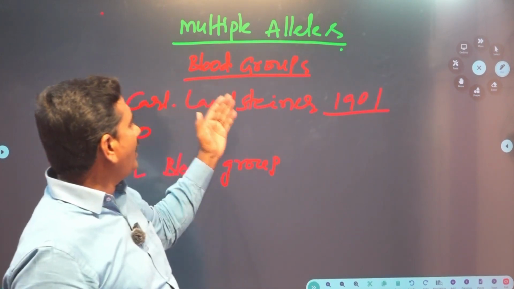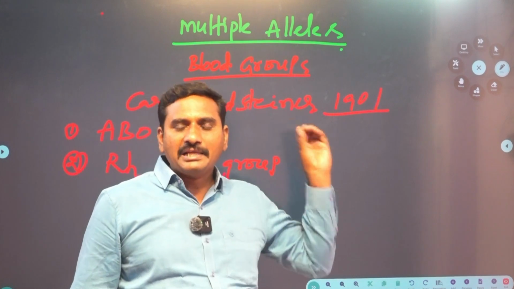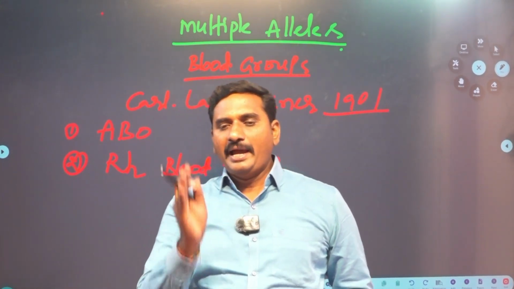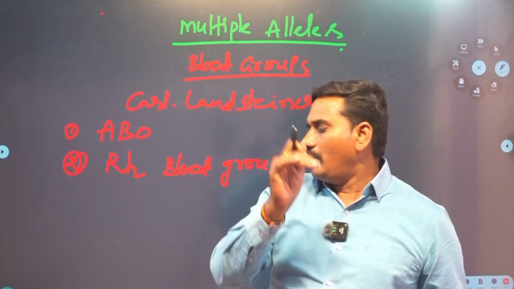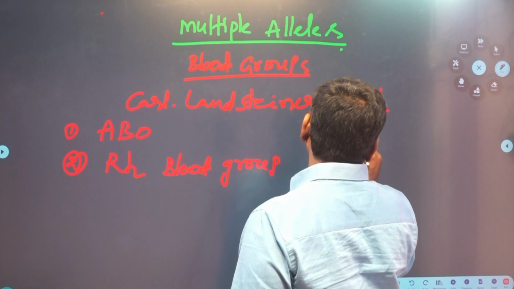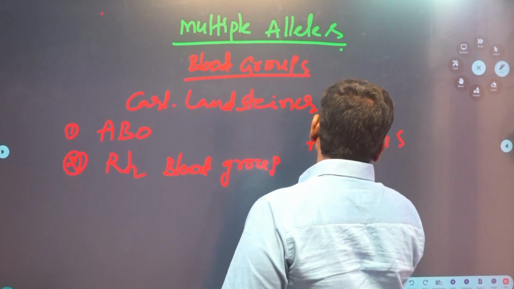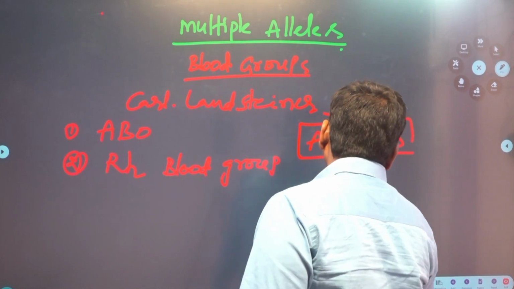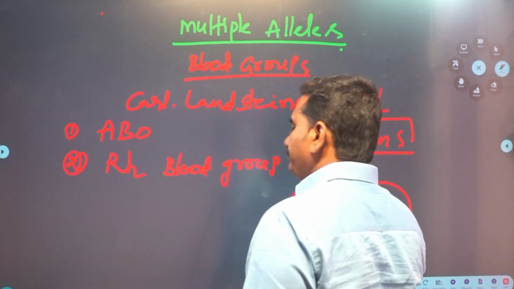Carl Landsteiner classified the blood groups into four groups based on the antigens present on the human RBC.